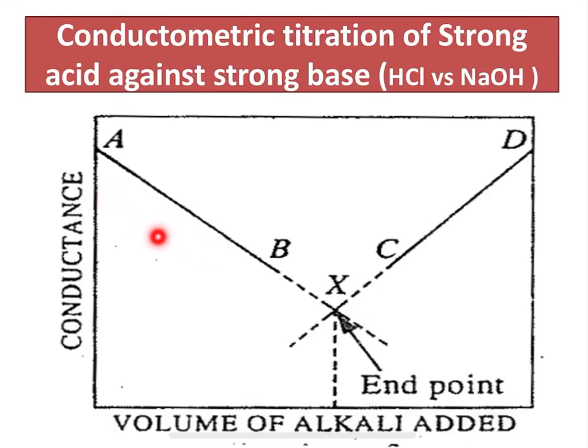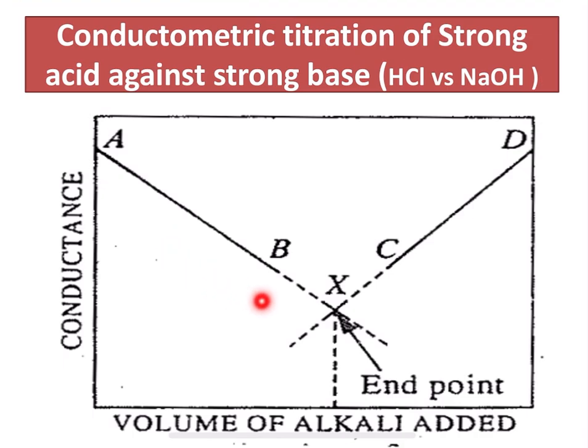You can assign a reason of atomic mass also here. Since hydrogen has a lesser atomic mass compared to sodium, definitely hydrogen will move in a faster way, whereas when hydrogen is replaced by sodium, the mobility of the ions is going to decrease. When the mobility decreases, in turn the conductance is also going to decrease.